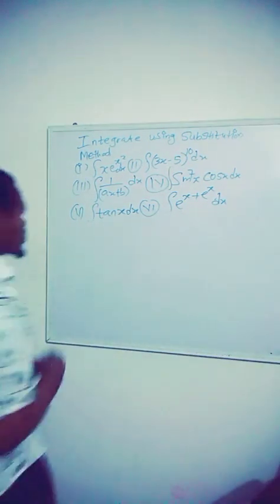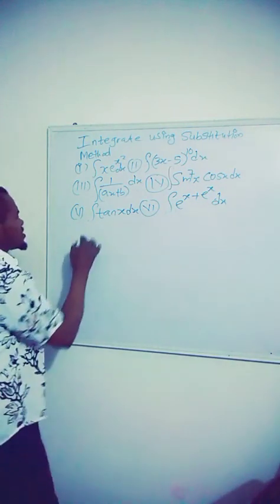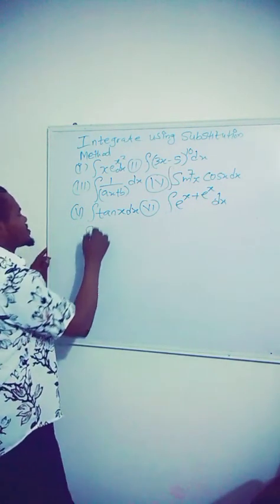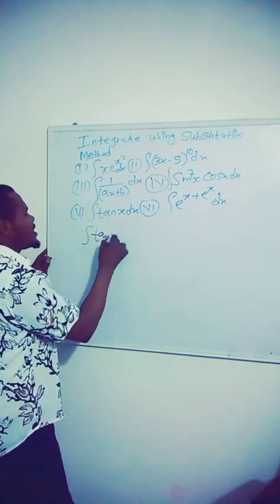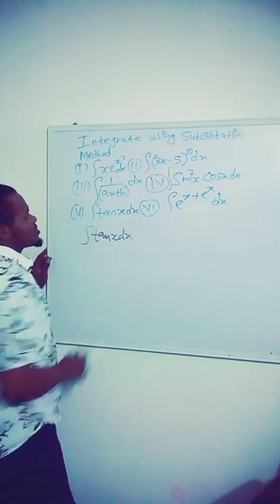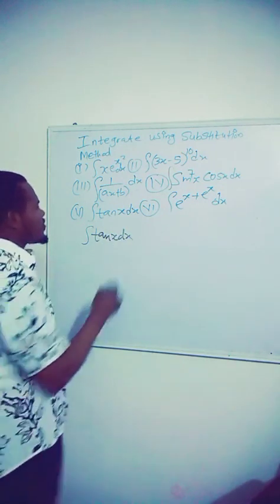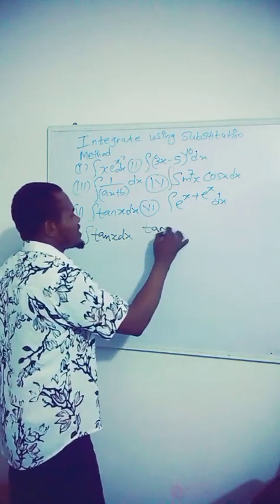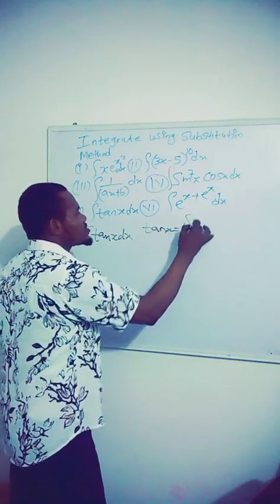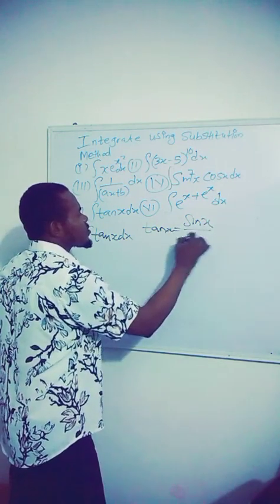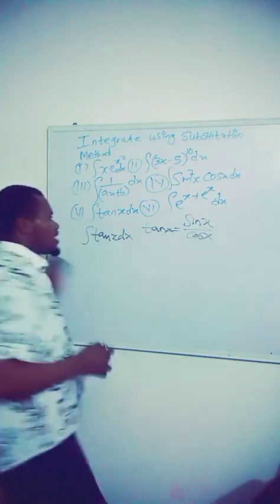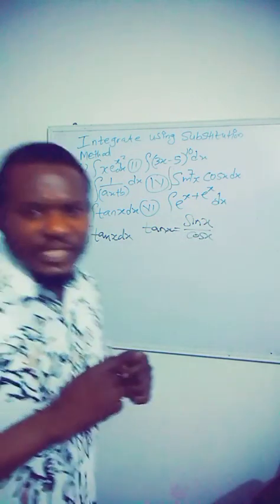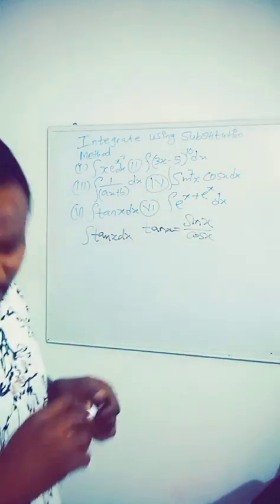So we want to deal with this that says the integral of tan x dx. Don't forget that tan x is equal to sine x over cos x. I hope you know that. So now, let u equal cos x.